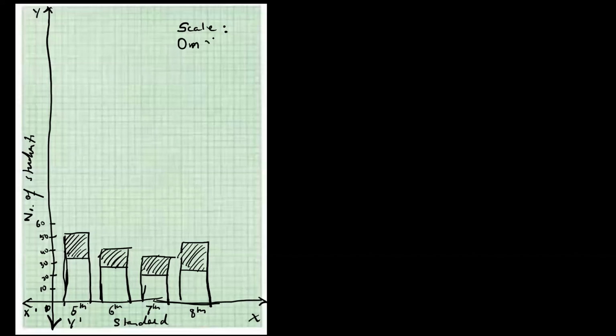So I'll write on y-axis. They have already given us the scale in the sum. It says 1 centimeter is equal to 10 students. So make sure you're able to fit students inside the green part only.